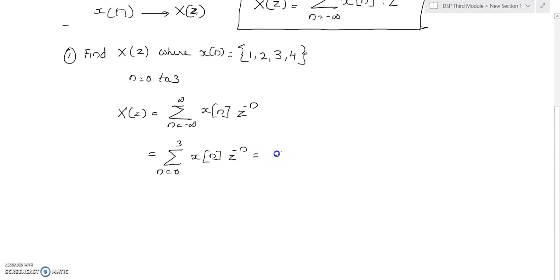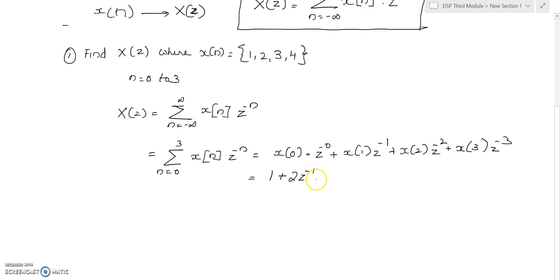That will be x of 0 into z raised to minus 0 plus x of 1 z raised to minus 1 plus x of 2 z raised to minus 2 plus x of 3 z raised to minus 3. Substituting this, x of 0 is 1, and z raised to 0 is already 1, so it can remain like that. Then x of 1 is 2 z raised to minus 1 plus 3 z raised to minus 2 plus 4 z raised to minus 3. So this is x of z of that particular signal.